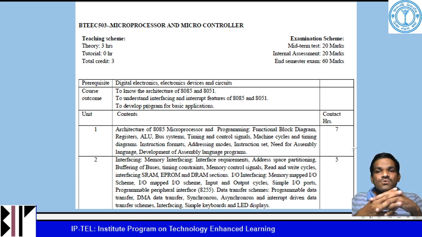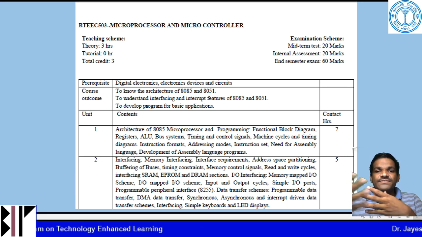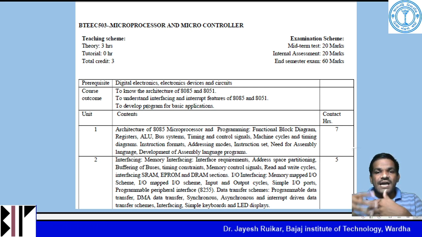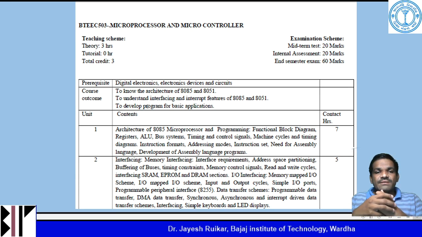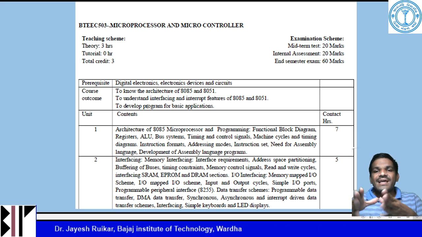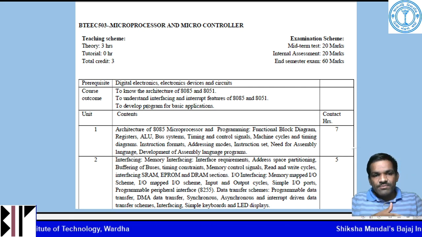Here you will see how the memory and other input and output devices are interfaced with the microprocessor. We will see some memory interfacing techniques and also IO interfacing techniques. In memory interfacing, you will learn how to interface your SRAM, EPROM and DRAM to your microprocessor.